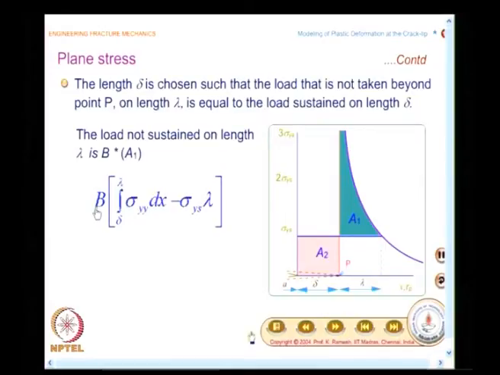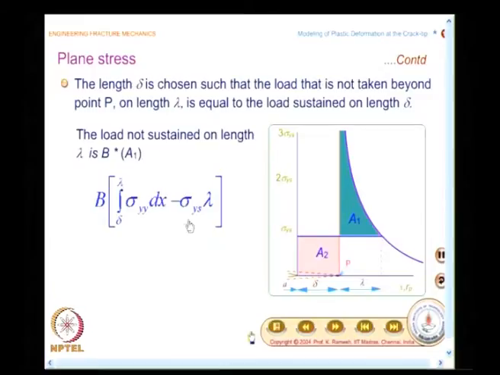And I have taken a plate of thickness B, and the expression is written like this. It is integral delta to lambda sigma yy dx minus sigma ys lambda. See, just because it is written in the slide, I have been saying many times, you have to be alert: is it right? Are the limits put correctly?